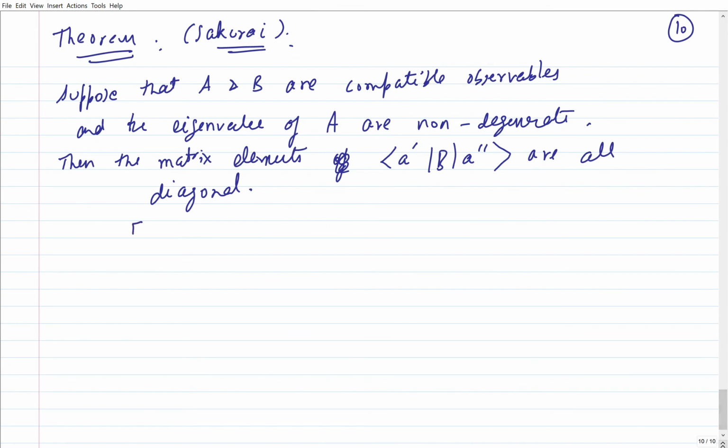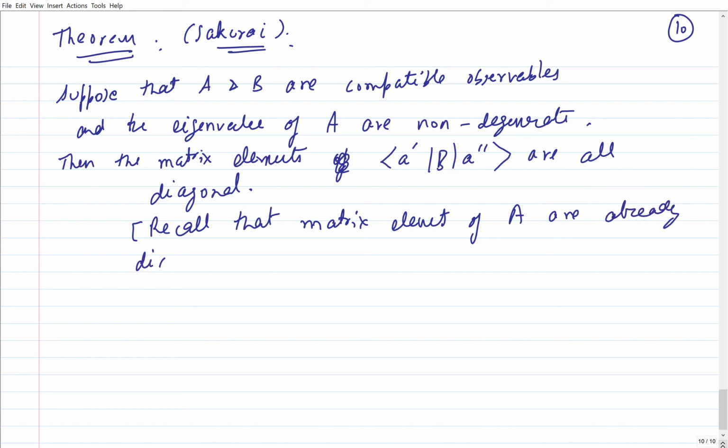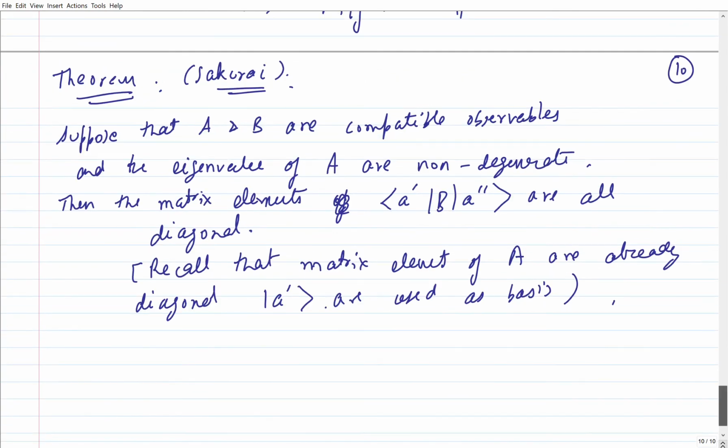So, recall that matrix elements of A are already diagonal in the basis of its eigenvectors. So we've already proved exactly the same thing here.